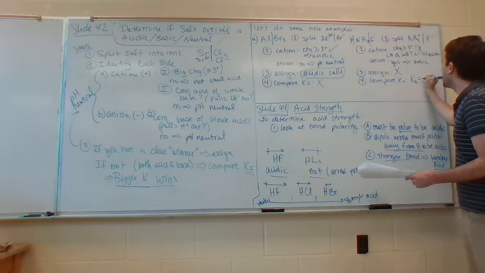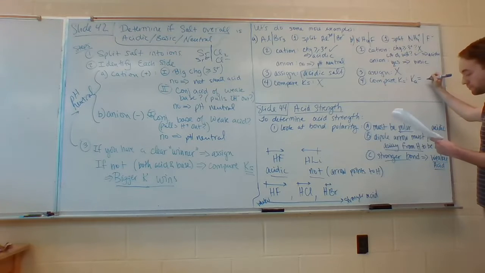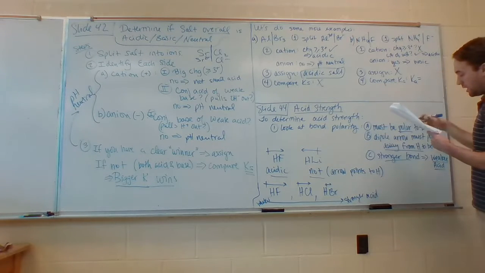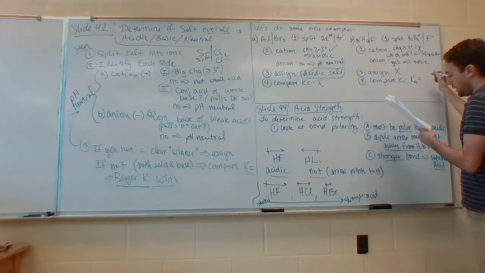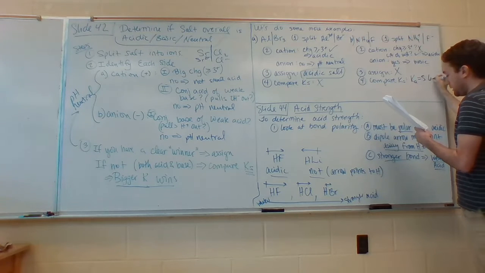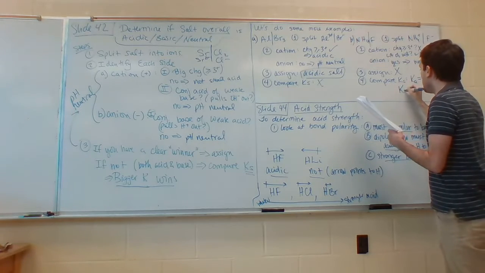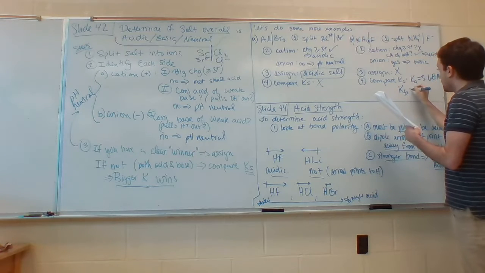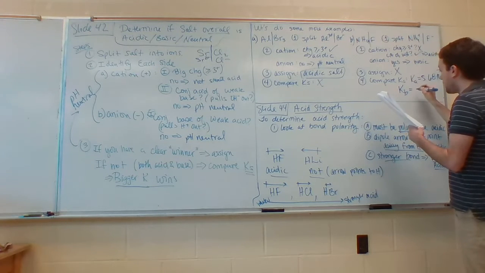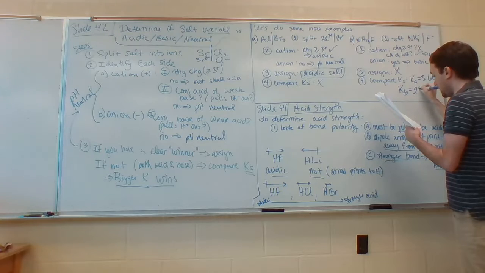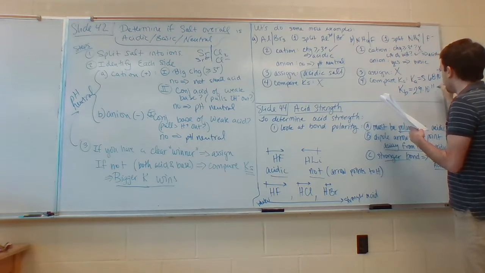My Ka for the ammonium is going to be 5.68 times 10 to the negative 10th, and my Kb for my fluoride ion is going to be 2.9 times 10 to the negative 11.